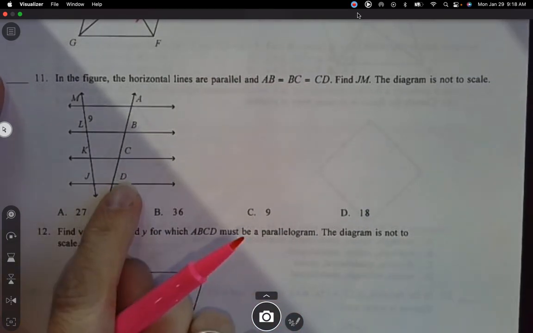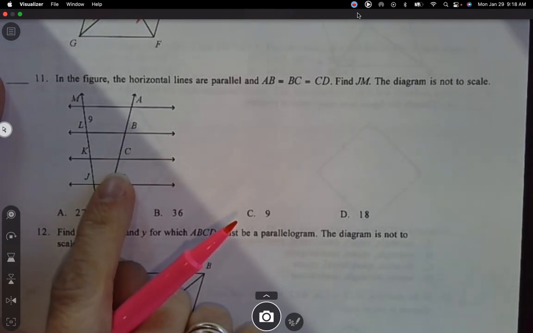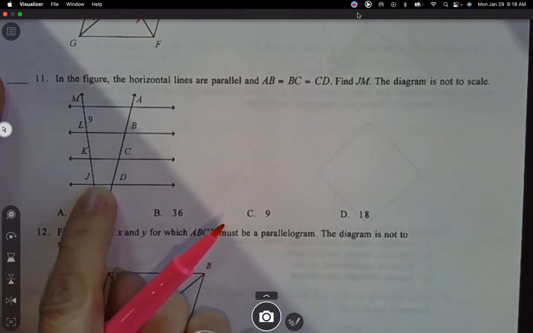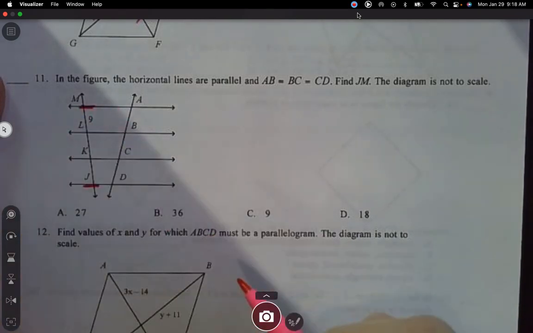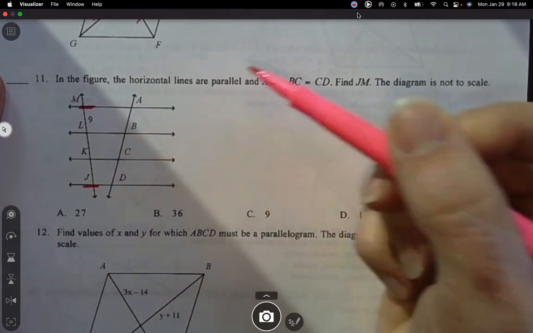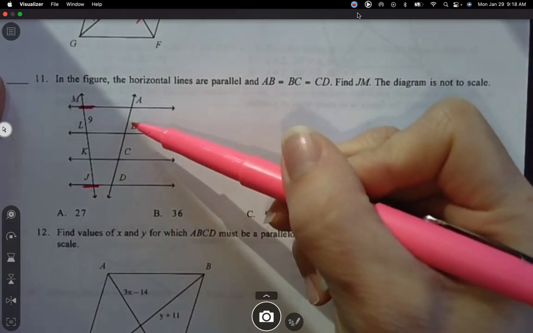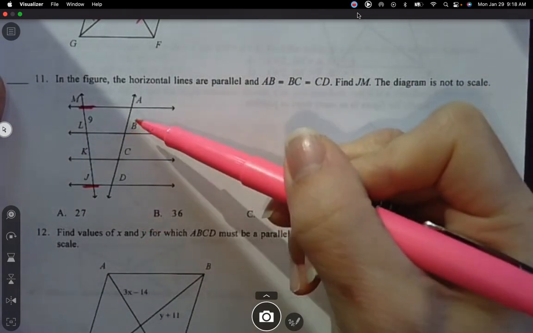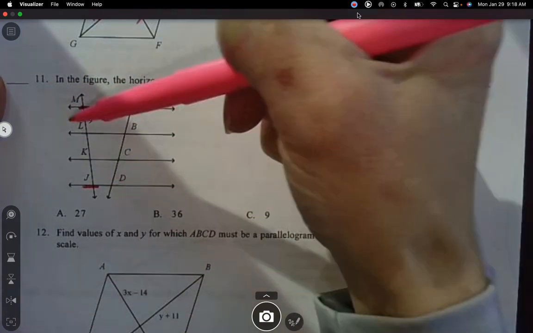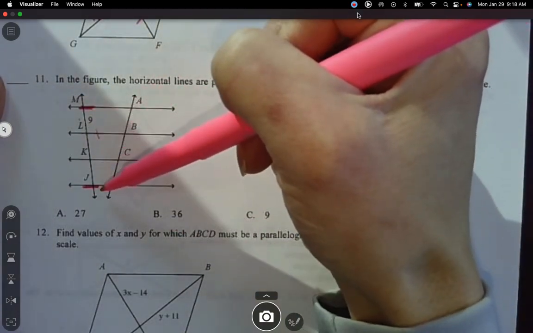Okay, number 11 though, it wants me to find the distance from J to M. It's from here to here. If you know that all these horizontal lines are parallel and all these segments are equal, what do you know about all these segments? They'll be equal.